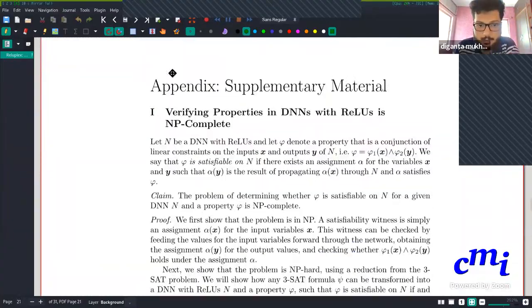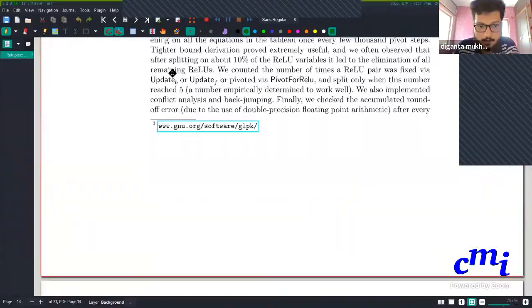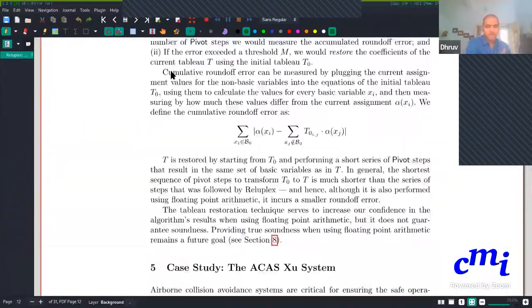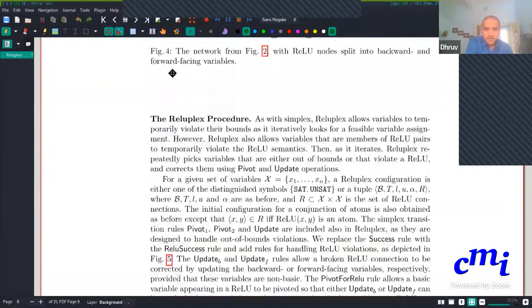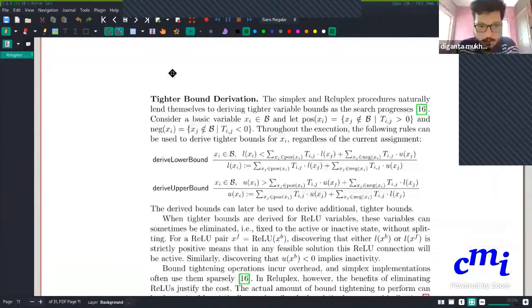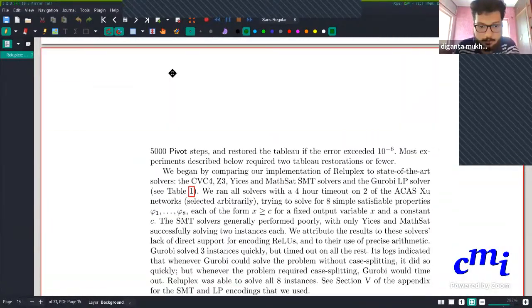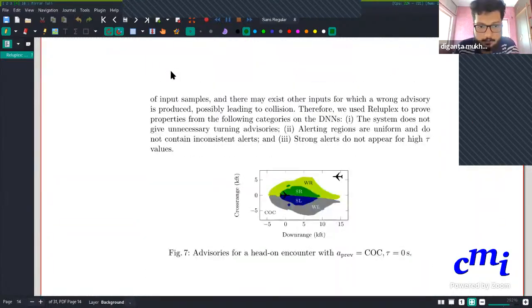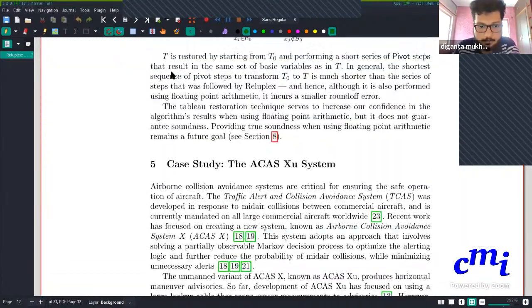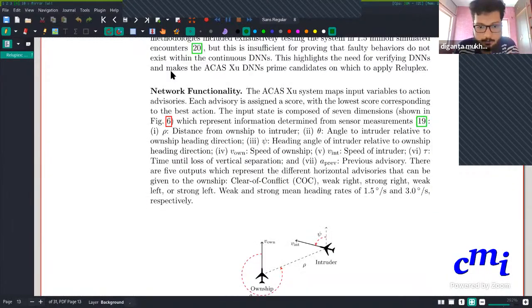There's a section a little bit before where they describe it. In section 6. Yeah, see, this is the order. First is rho, then second is theta, then third is phi, then v on and v int.